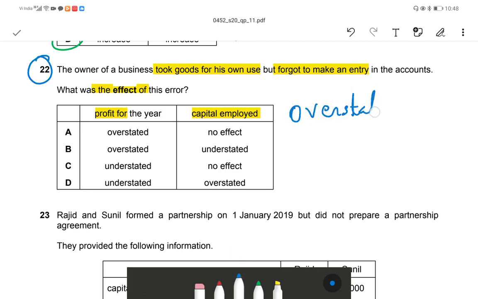Purchase overstated means cost overstated. When cost is overstated, what will happen? Cost overstated means actual profit will be understated. So the correct answer: profit will be understated and no effect on the capital employed. So the correct answer is C.